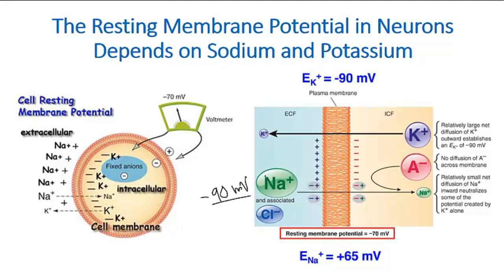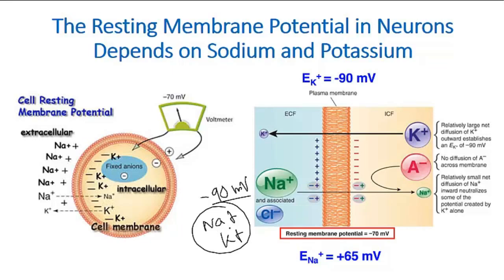However, the resting neuron is also slightly permeable to sodium, and the electrochemical gradient that we saw for sodium is also very high, which will move sodium inside the cell. The resting membrane potential results from the movement of both sodium and potassium ions, and both of them are positively charged ions, right?